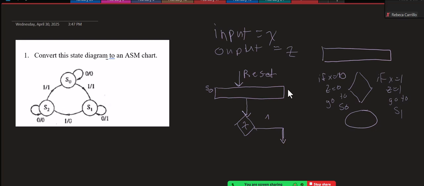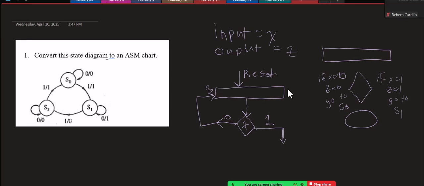So 1 goes in this direction, and 0 goes in this direction, because my output, if X equals 1, my output is 1, and if X equals 0, my output is 0. And if X equals 0, I go back to state S0.